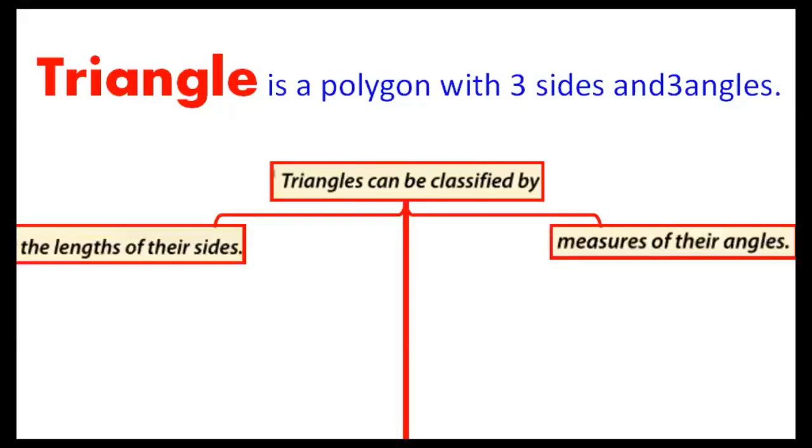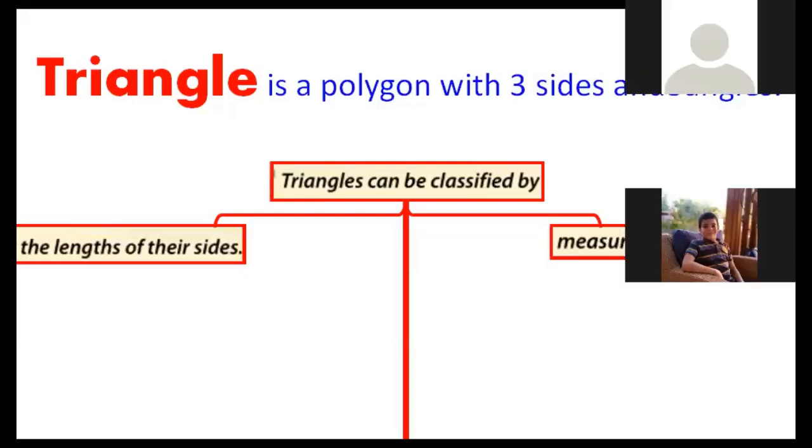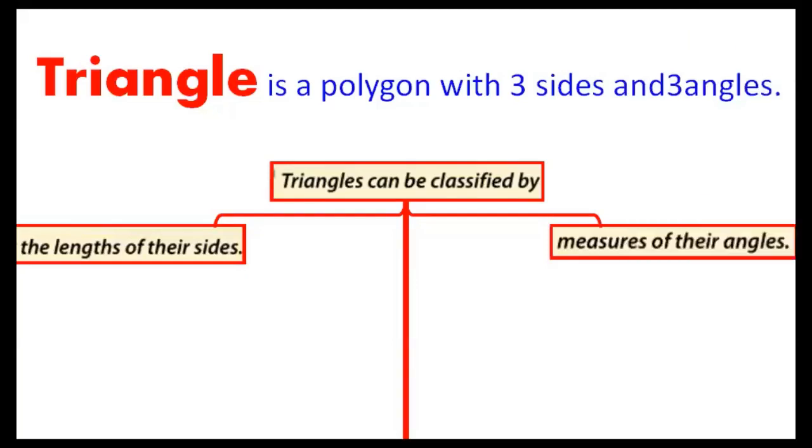Don't forget that. You can make categories for triangles according to the side length and also to the measure of their angles.